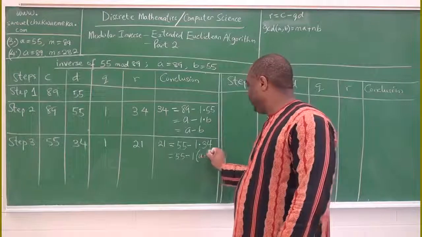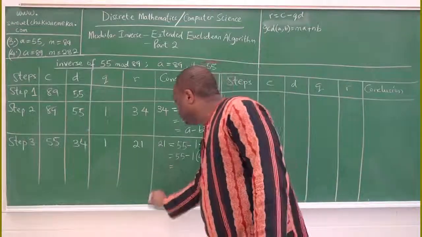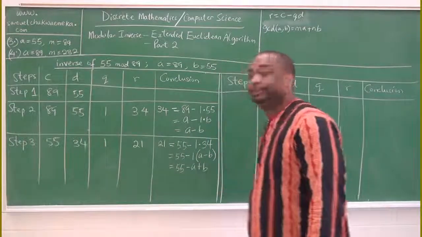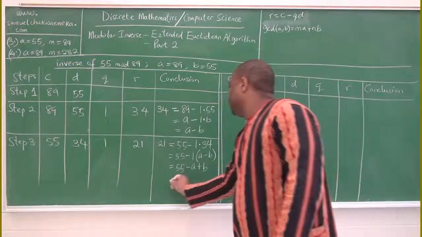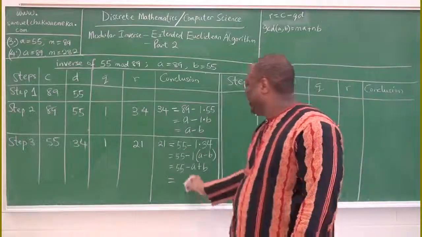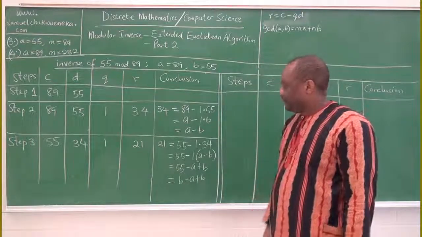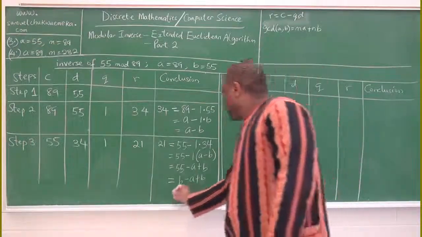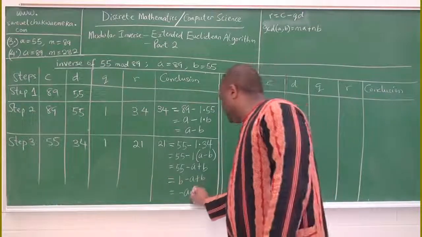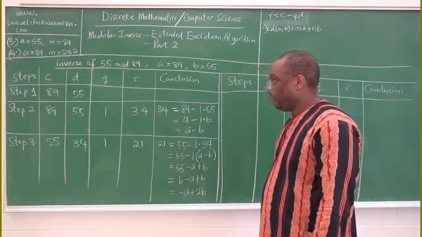A minus B. That will be equal to 55 minus A plus B. Our 55 is B, so B minus A plus B. And this is negative A, B plus B is plus 2B. So we keep it right there.